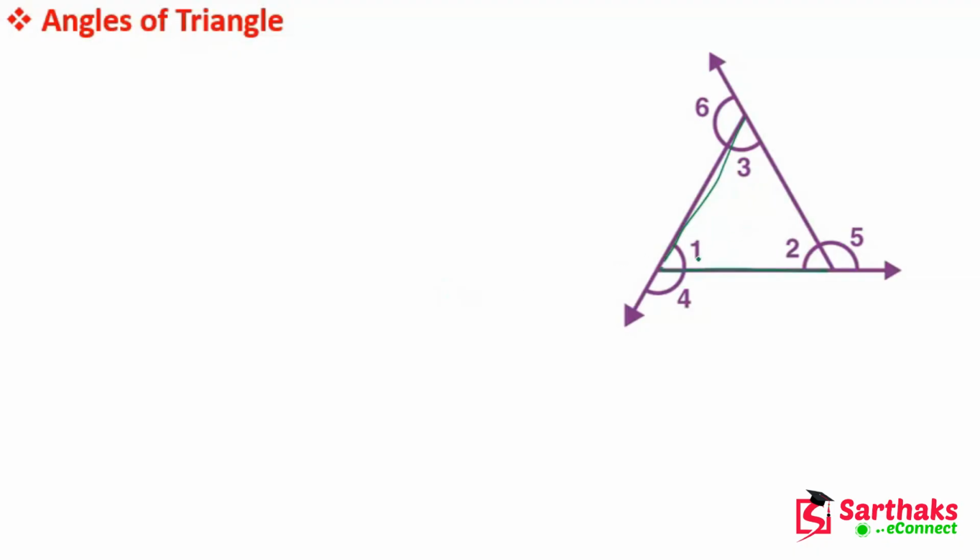Angle 1, angle 2, and angle 3 are interior angles, and angle 4, angle 5, and angle 6 are exterior angles. It is saying that if we add angle 1 and angle 4, this is equal to 180 degrees, because both angles are supplementary. So they are a linear pair also.